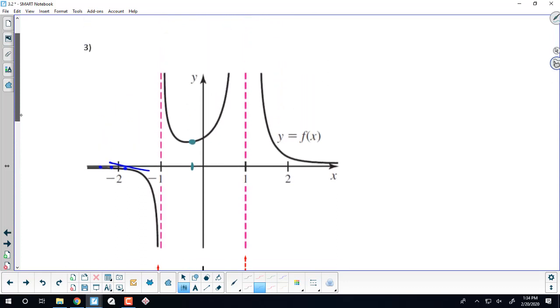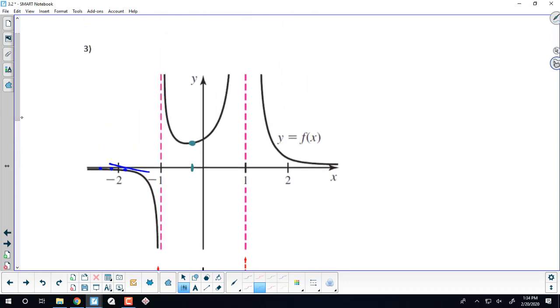Okay. Looking at that curve again, on the far left, what are these slopes doing? What is the slope of the line right here? Really negative, right? Negative right there, negative right there, but it has to flatten out to zero.